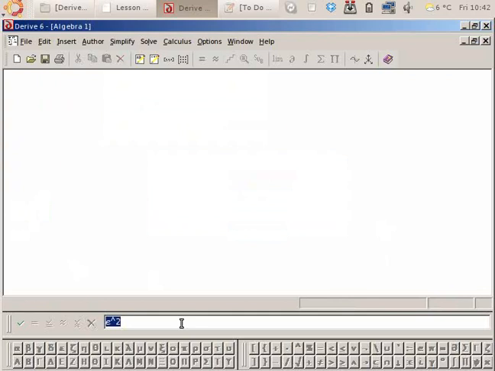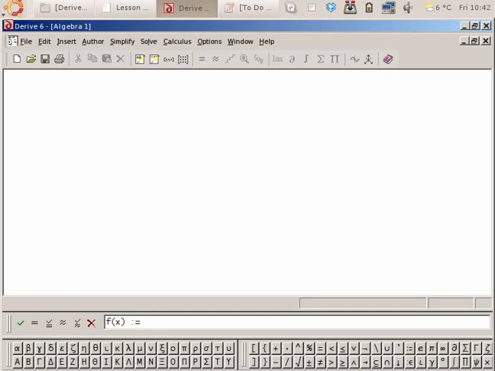Look up. So what I want to do next is make my own function. So the way to do this is you type in f of x, and here's the key thing now, to define your own function, you type colon equals. So the two dots and equals.